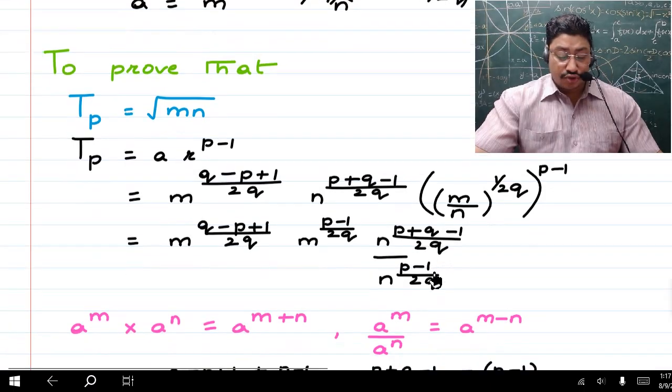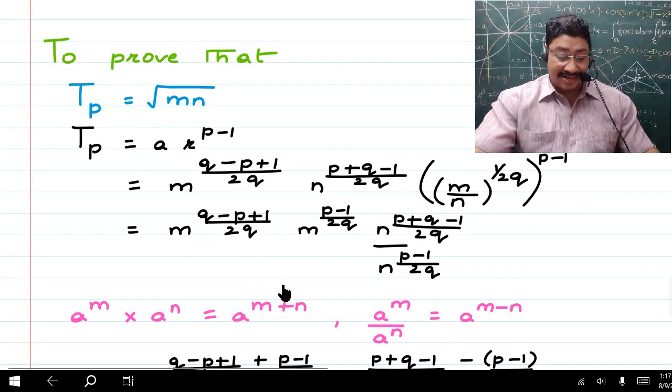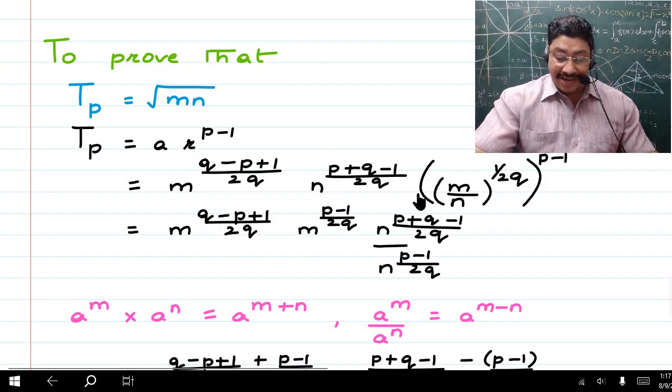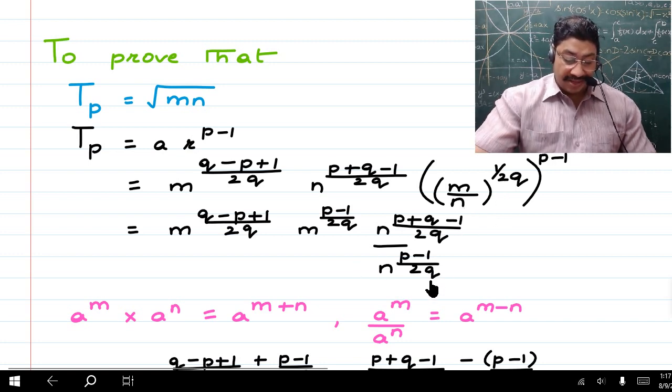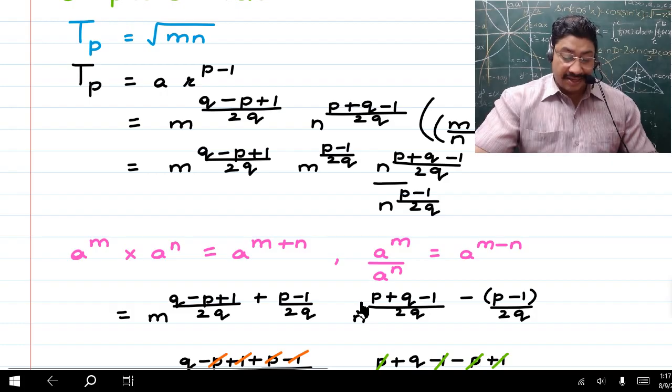Then further we solve out the powers like this, that we have m raised to the power this power into m raised to the power p minus 1 upon 2q, which can be written, and then further we have n raised to the power p plus q minus 1 upon 2q, and in the denominator we have n raised to the power p minus 1 upon 2q. Now further what we do here is we will now here be using the quotient rule, and here we'll be using the product rule.